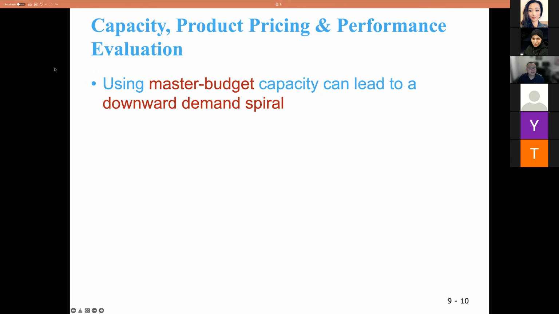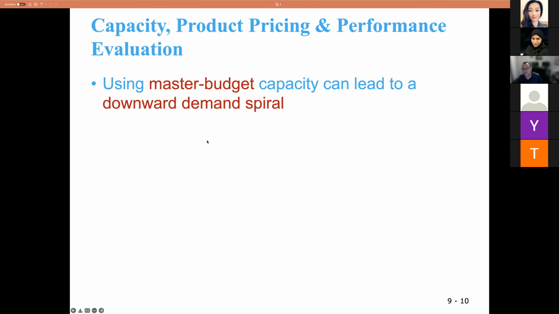Okay, so this is a very interesting point here. If you use the master budget capacity, this can cause a potential problem. Remember, we talked about normal capacity, which is kind of like an average over a long-term time window. The master budget capacity can lead to a downward demand spiral.